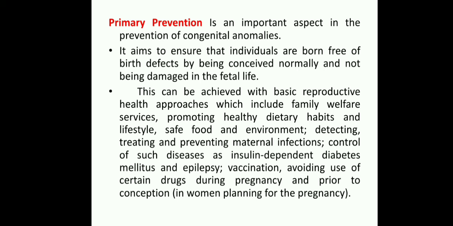This can be achieved through basic reproductive health approaches, which include family welfare services, promoting healthy dietary habits and lifestyles, safe food and environment, detecting, treating and preventing maternal infections, control of diseases such as insulin dependent diabetes mellitus and epilepsy, vaccination, and avoiding certain drugs during pregnancy and prior to conception in women planning for pregnancy.